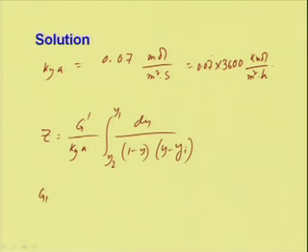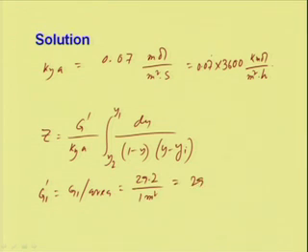So, we have to calculate G1 dash first, which is G1 by area. Area is given as 1 meter square. So, 29.2 by 1 meter square, which is 29.2 kmol per meter square hour.